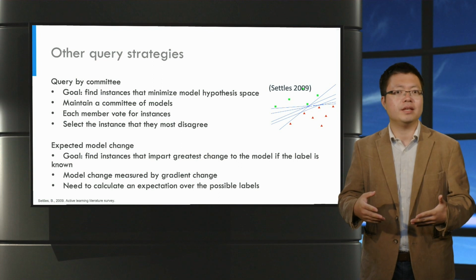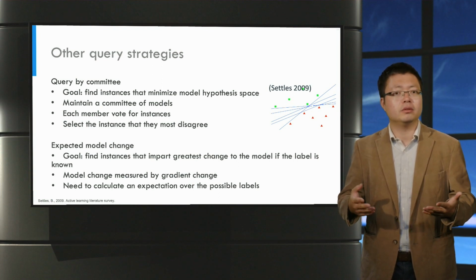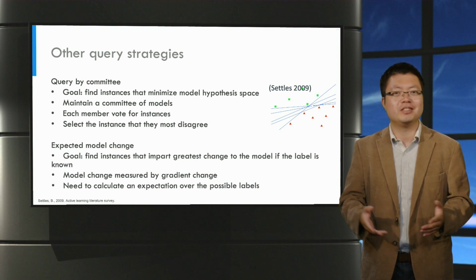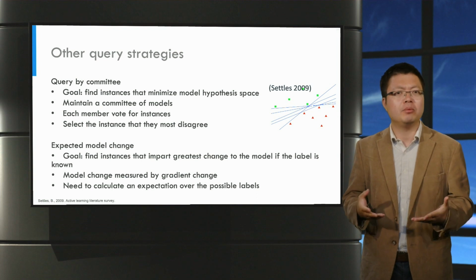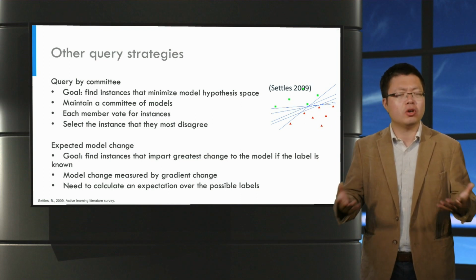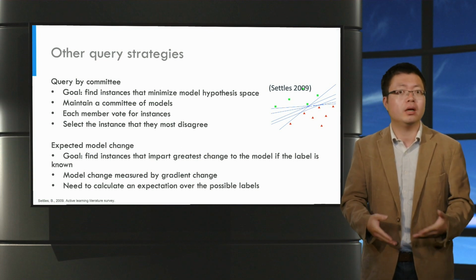The method then selects instances that the different models disagree the most. The intuition is simple. Once we get the label of this instance, we best resolve the disagreement, making the models more agreeable to each other.